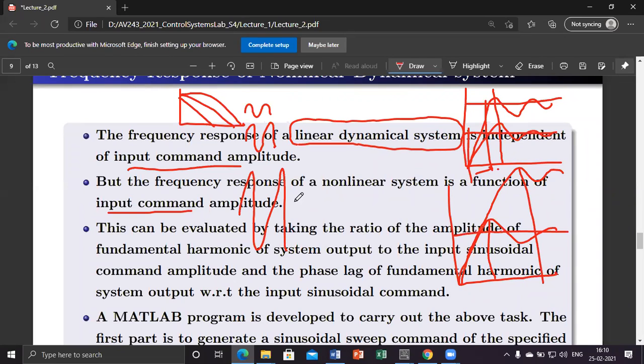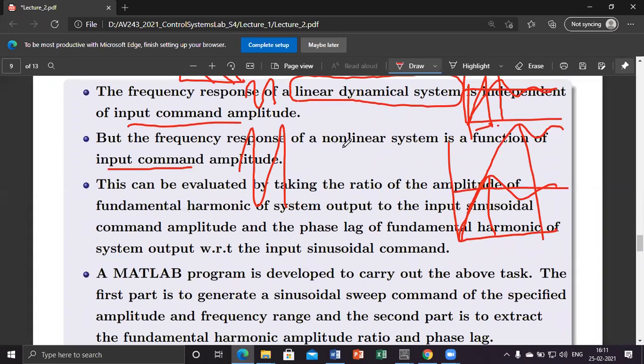If you give any R(s) command, you are getting Y(s) by R(s) equal to the transfer function G(s). What it means is, if you double R(t) to get twice R(s), then Y(t) also will double, because it will follow the superposition theorem and the ratio will still remain the same. So the transfer function is invariant, irrespective of the command amplitude.